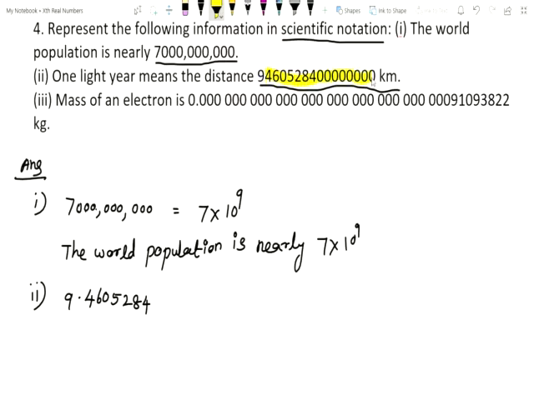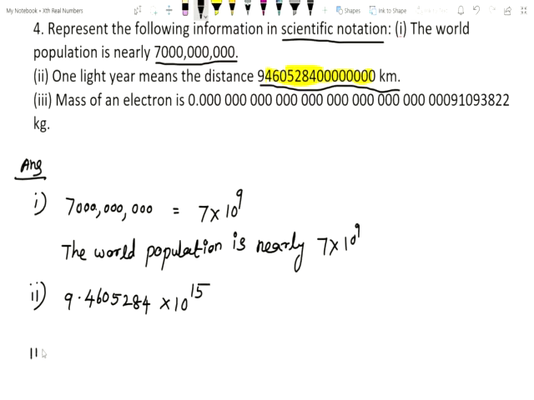After the 9: 1, 2, 3, 4, 5, 6, 7, 8, 9, 10, 11, 12, 13, 14, 15. So what will you write? 10 power 15.